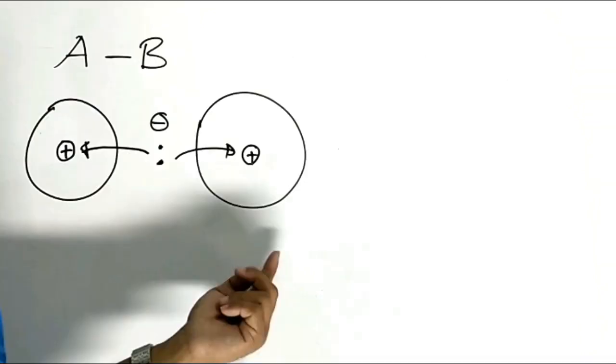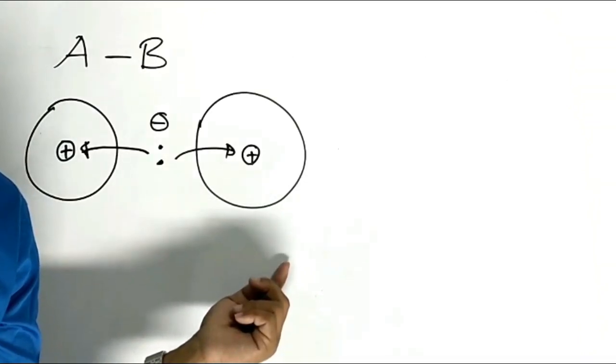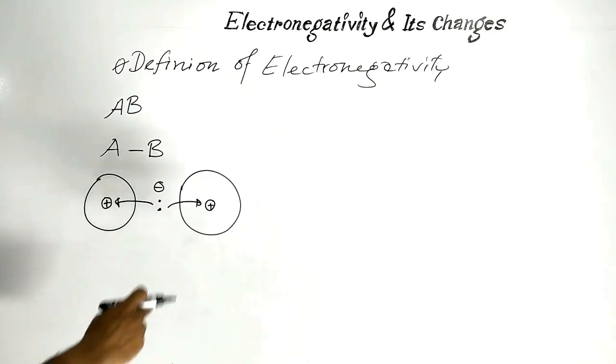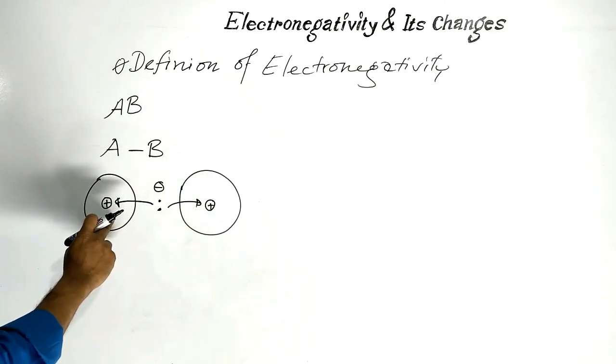That is why covalently bonded electrons will be attracted by both the atoms, especially both the nuclei.